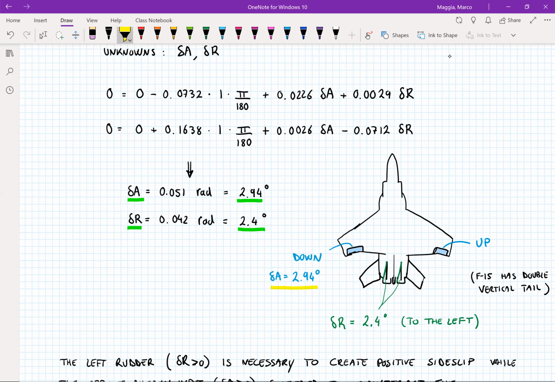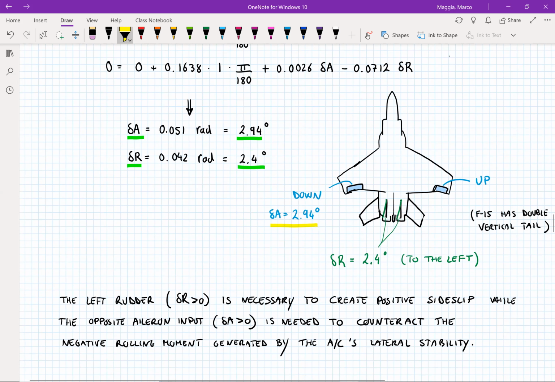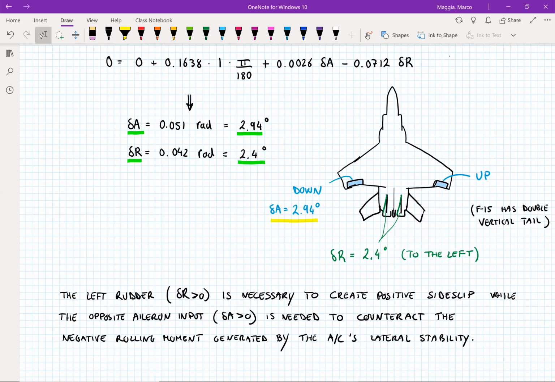It means that the left aileron points downwards and the right one points upwards. This is because we need to counteract the negative rolling moment generated by the aircraft's lateral stability.